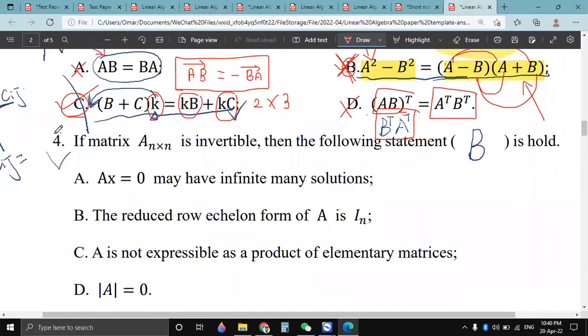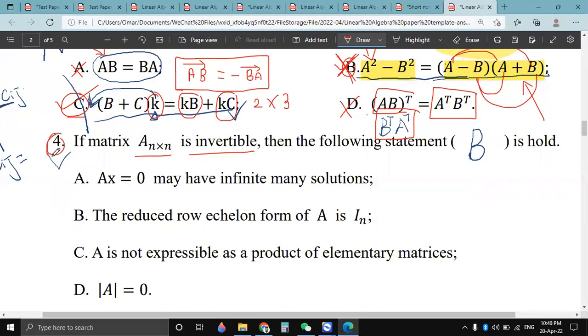And for the fourth question here, if a matrix A n by n is invertible, then the following statement holds.